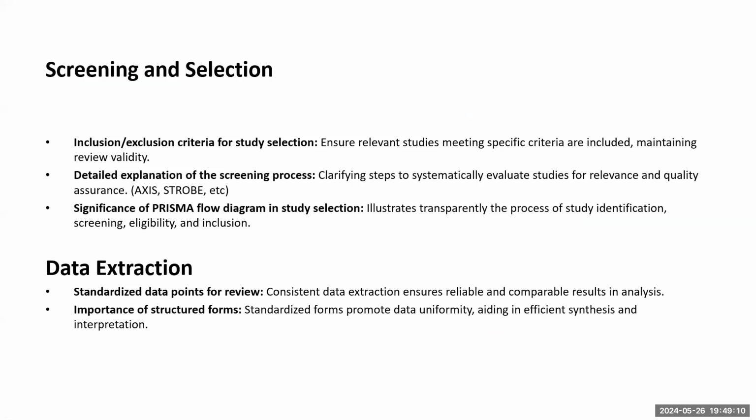Something I missed in the beginning: the spectrum of systematic review also covers meta-analysis, because in meta-analysis you're also going to use the same system to generate papers. The difference is that in meta-analysis, for quantitative research, I'm not talking about qualitative research, you are analyzing outcomes.